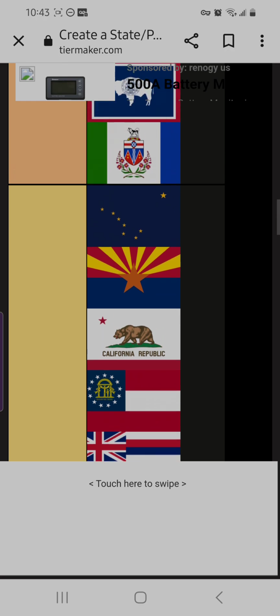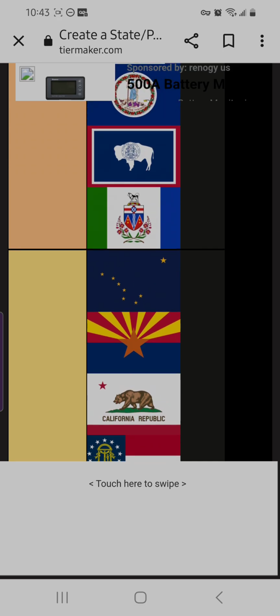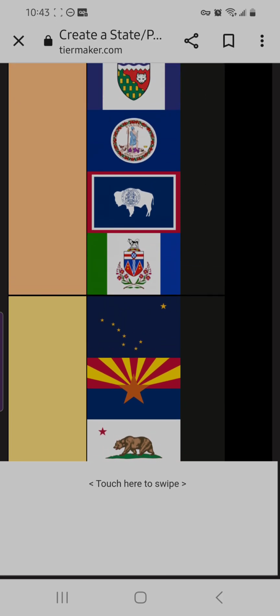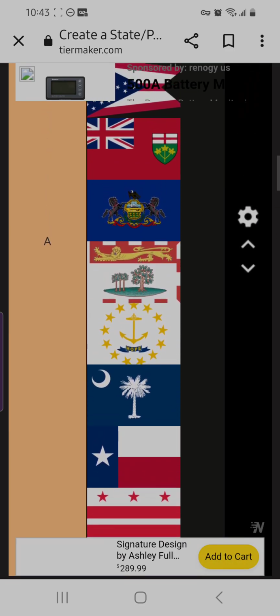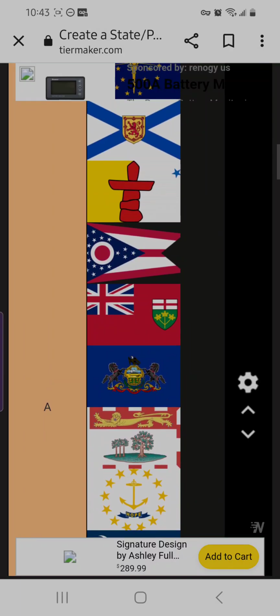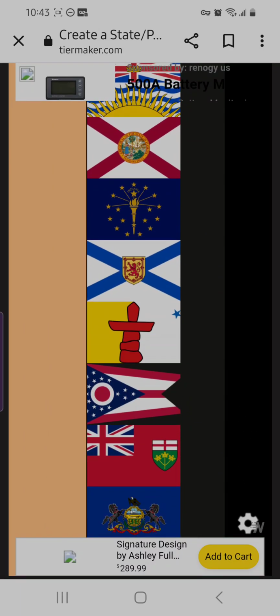Now we get into the really juicy stuff in the A tier. At the A tier we have Yukon, Wyoming, Virginia, Northwest Territory, DC, Texas, South Carolina, Rhode Island, Prince Edward Island, Pennsylvania, Ontario, Ohio, Nunavut, Nova Scotia.